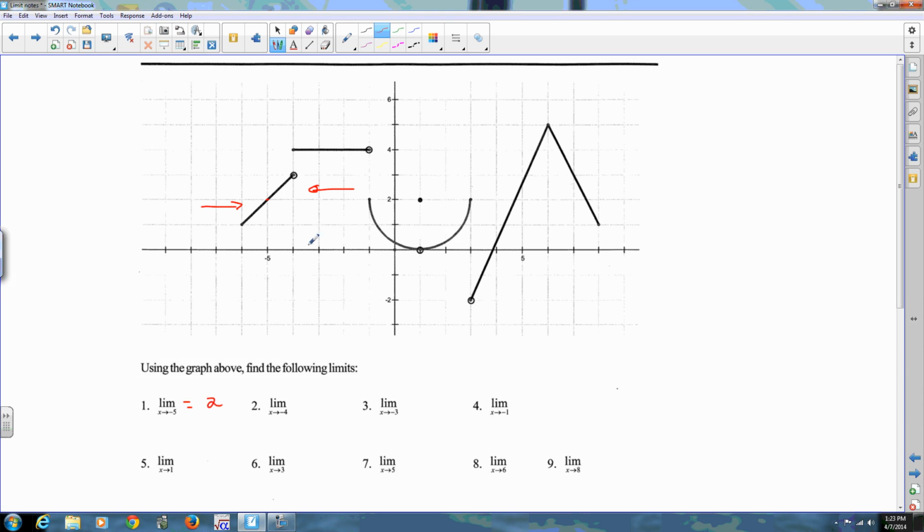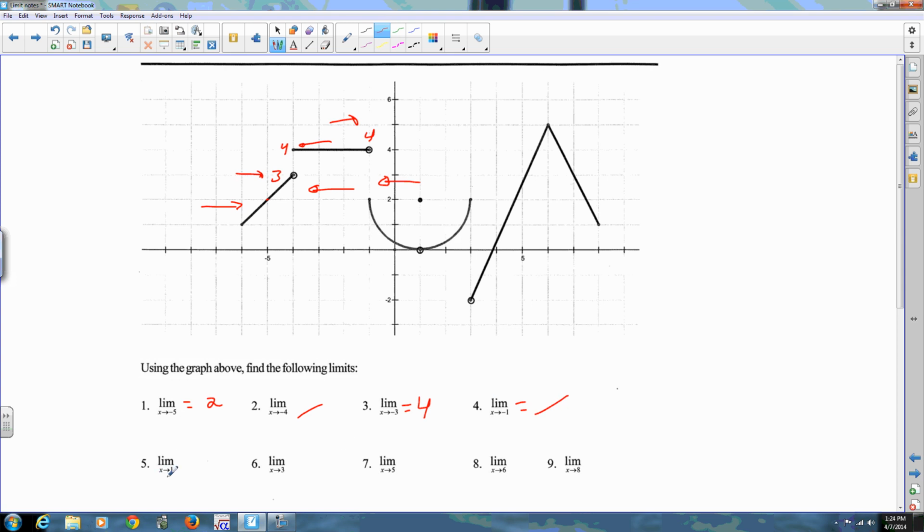At -4, there's no limit, because as you approach from this side, you get 4, and as you approach from this side, you get 3. There's no limit. At -3, you're at 4. At -1, same thing. Your limit from the left side is 4, from the right side is going to be 2.